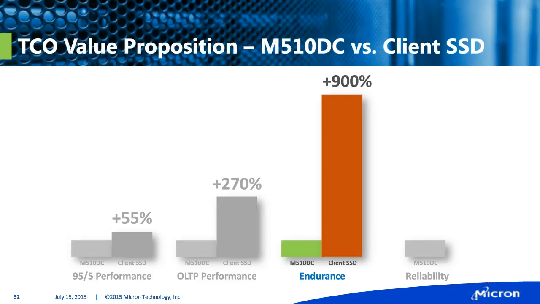Endurance is the next one. Endurance provides one of the most compelling data points when you're comparing total cost of ownership of an M510 DC, again versus an industry-leading client drive. An application would burn through ten client class SSDs for every one M510 DC.